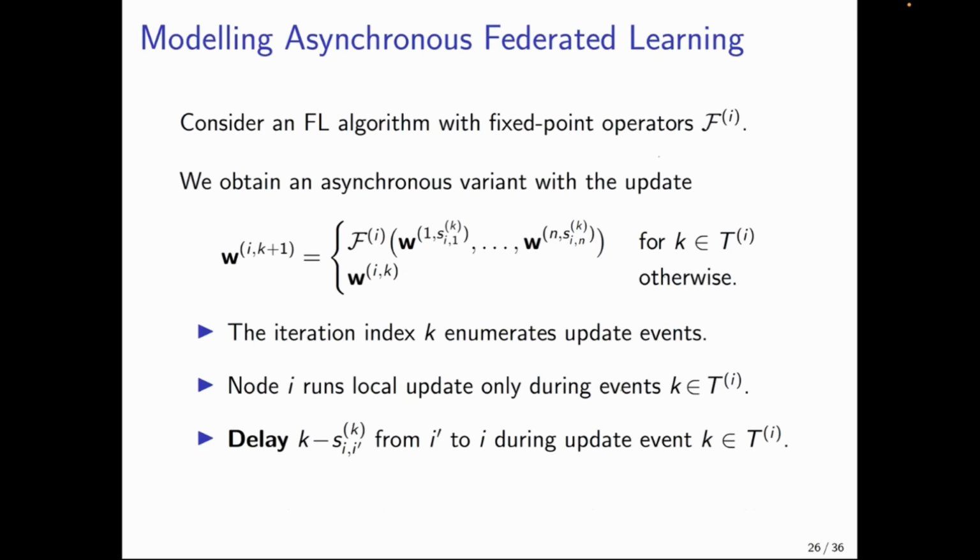It must not forget it. This is a requirement, which might not be reasonable. It also might not have the memory. But in this model, we assume that whenever node i receives a local model parameter from another node, it is able to store it until it gets a new update from this node. Very good point. So it must have some memory, and this memory must be non-volatile. So this memory must also persist in times where it's not active.